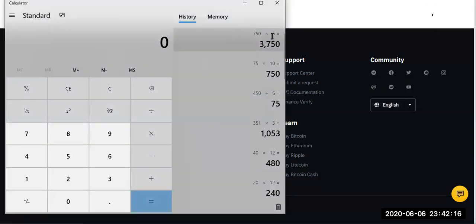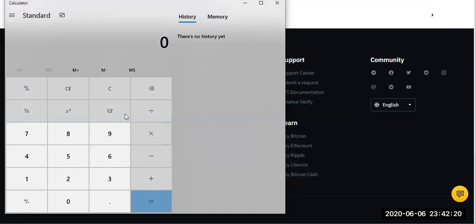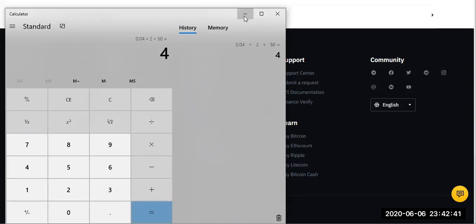So you would go 0.04 times 2 because you have to buy it and you sell it, times your leverage. In this case, I was using 50x, so it will be 4%. That's what I would need to have to break even.